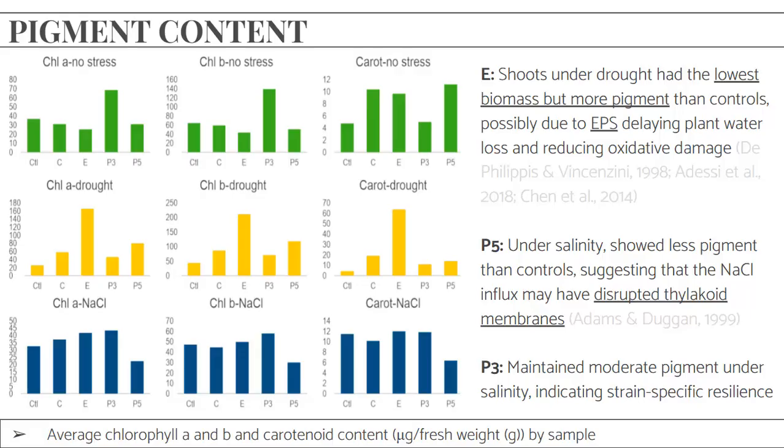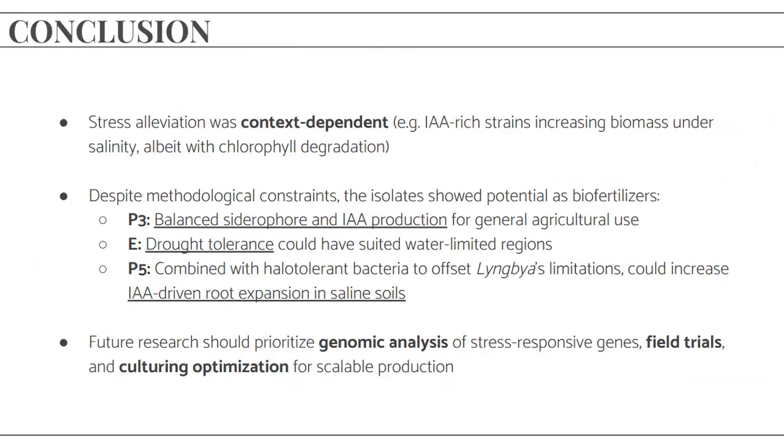Under salinity, P5 showed less pigment than controls, suggesting that the salt disrupted its thylakoid membranes, and P3, in comparison, maintained moderate pigment under salinity, again indicating strain-specific resilience.